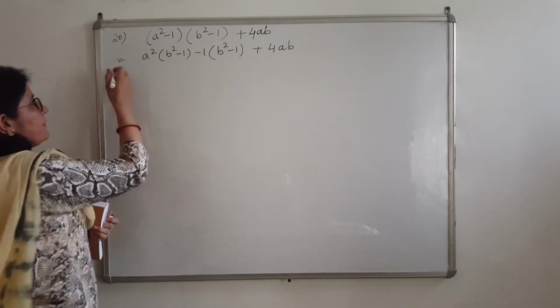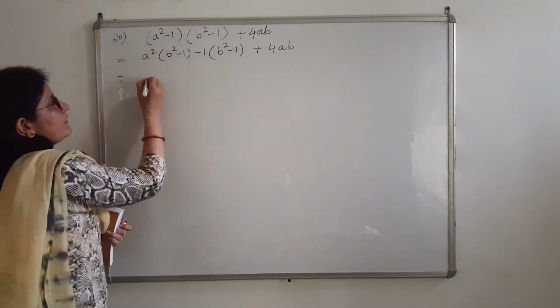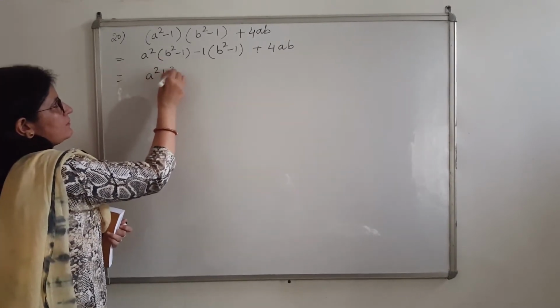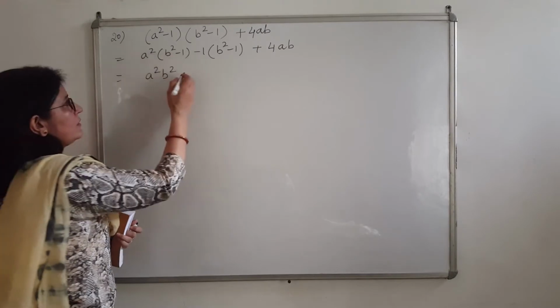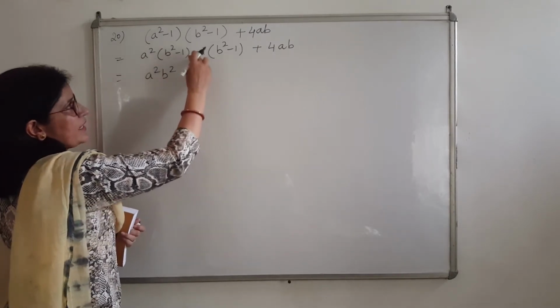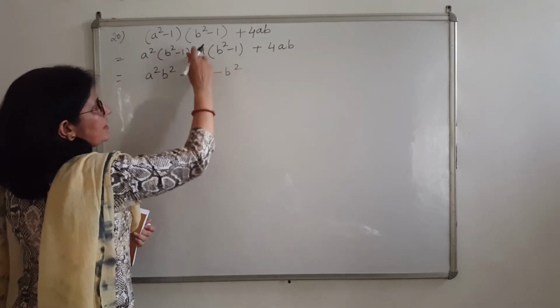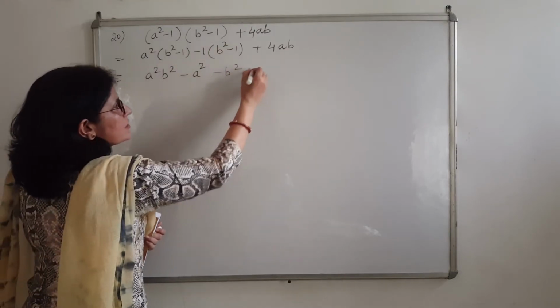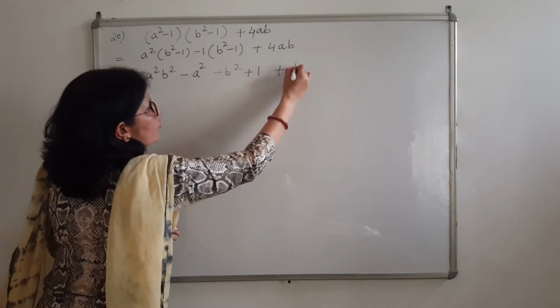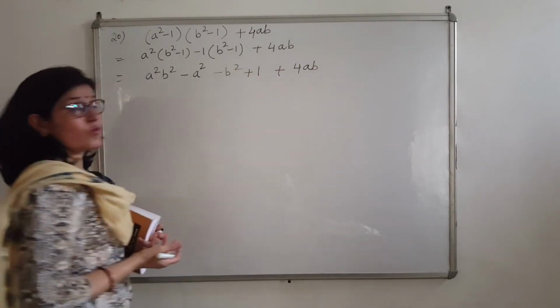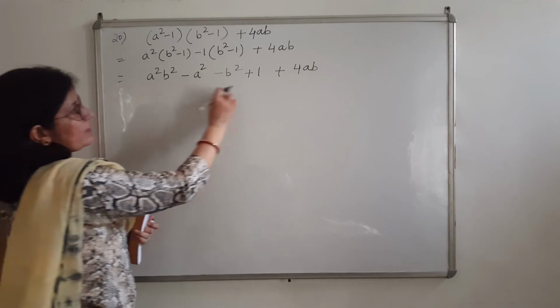So when we multiply a square with b square, what we will get? We get a square b square. A square into 1, a square. This minus 1 multiplied with the terms, so this will come in minus, and minus minus plus, 1 into 1 is 1, plus 4ab. What more then? We have here 5 terms.